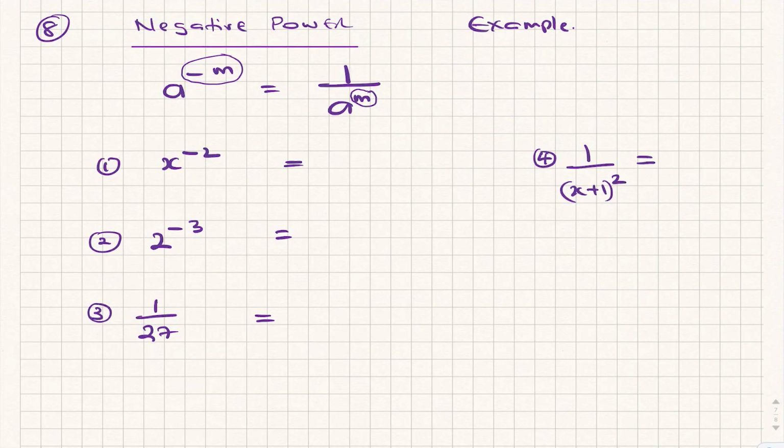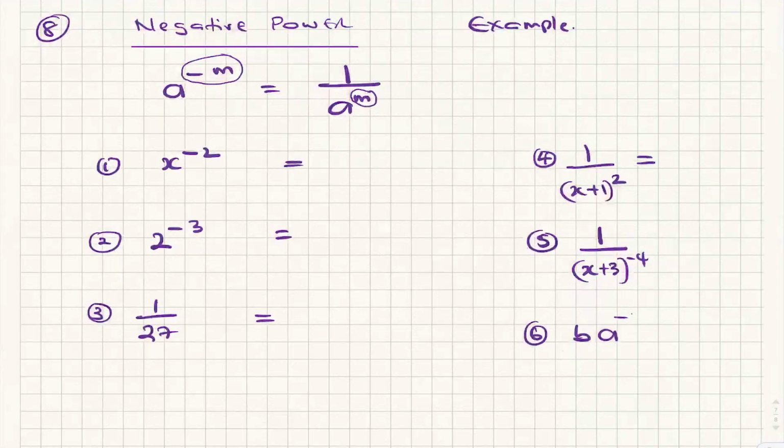Let's just write this one. Question number 5, which says 1 over (x plus 3) to the power minus 4. How could we write that? Number 6, let's have b times a to the power m.